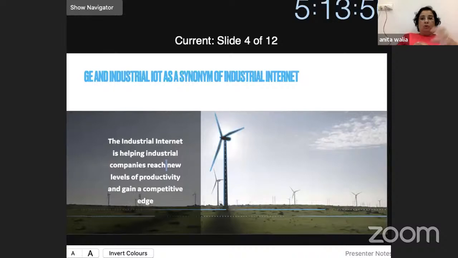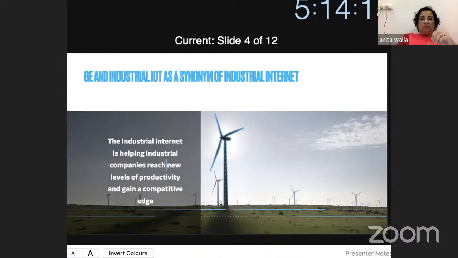Today every company says they are a digital company, not a manufacturing company, though GE is a manufacturing company. GE came up with a term called industrial internet. They were the first, in 2012, to say that we will not call it industrial IoT, we will call it industrial internet.